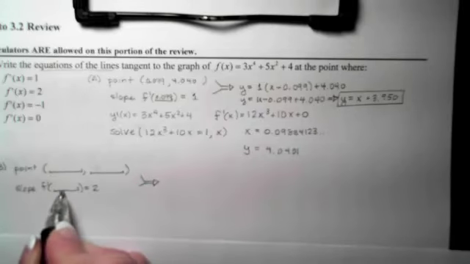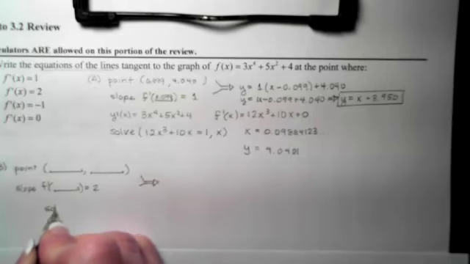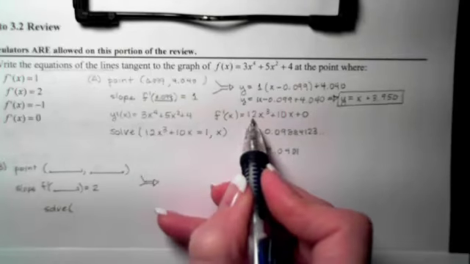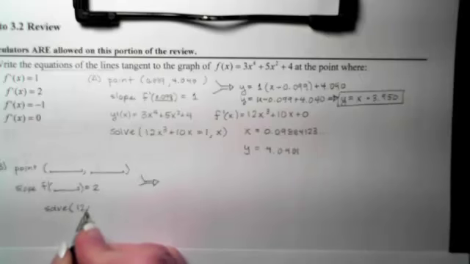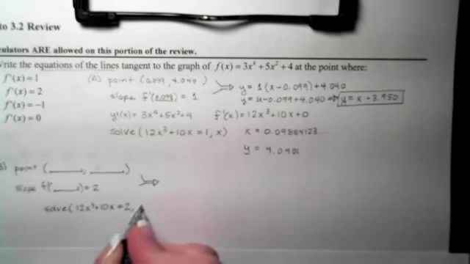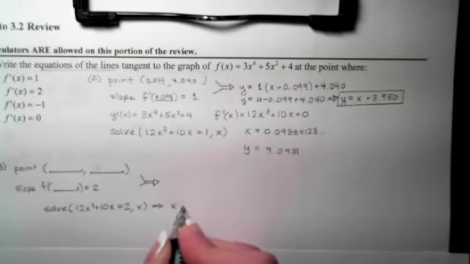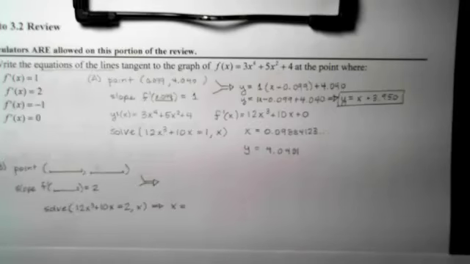So because we need that slope to be 2, that means I'm going to be solving for when that derivative, which we found up here, is 2, and we're solving with respect to x. So that's going to give me my solution for the x-coordinate.